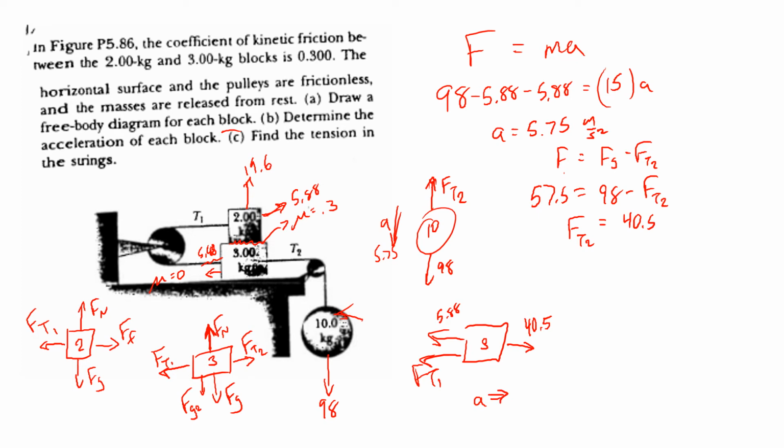So my net force is going to be 3 times its acceleration, 3 times 5.75, which is 17.25. Now, what's going the same way? That's going to equal 40.5 minus, because everything else is going the opposite way, 5.88 minus FT1. Phew, made it. Okay, doing some quick maths here. Right, are we okay with that? Ta-da!